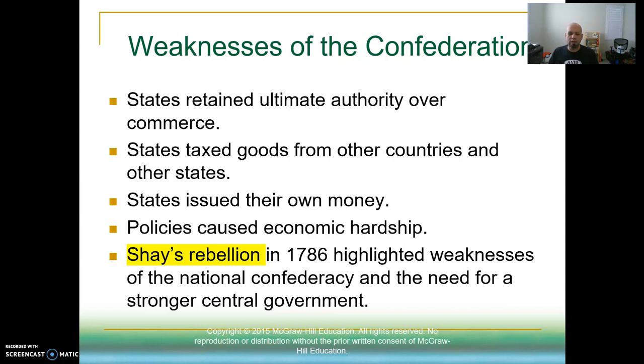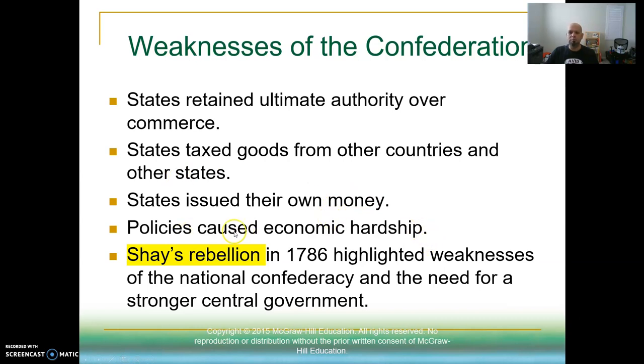You have exchange rates, and some money is worth more than others. So now we have that problem, plus we're taxing goods coming in and out of the states. It's complicated. Business is not happening between states, and it's kind of stifling the United States at this point. Well, we're not the United States yet, but we're stifling progress. And that's one of the problems.